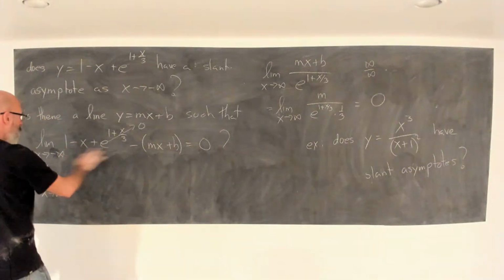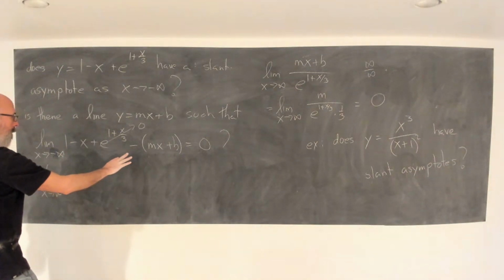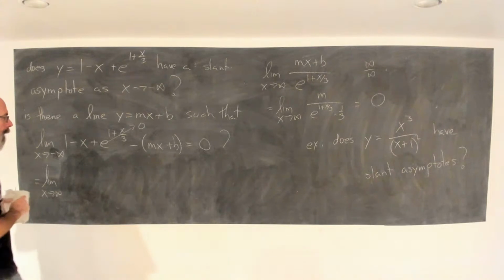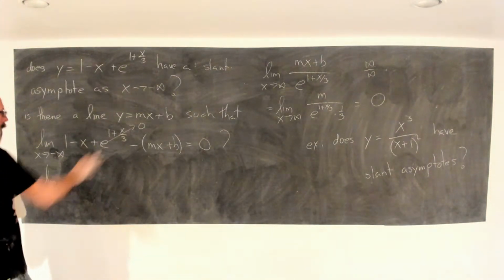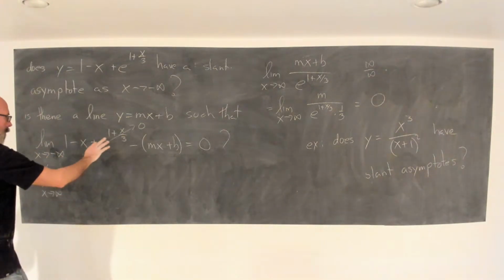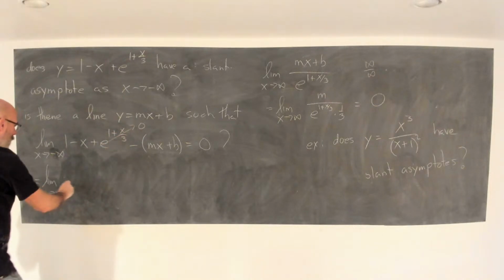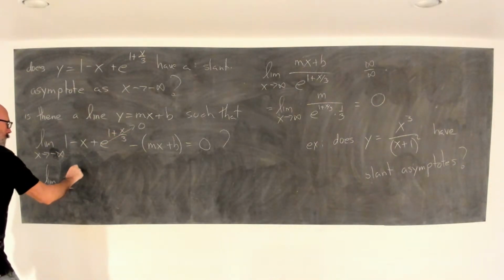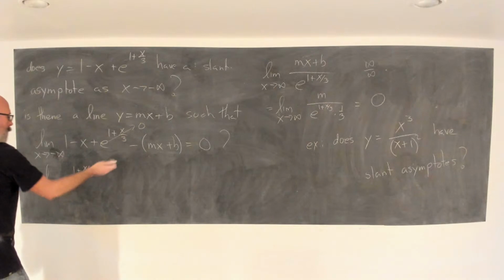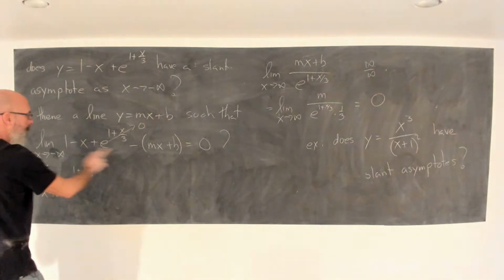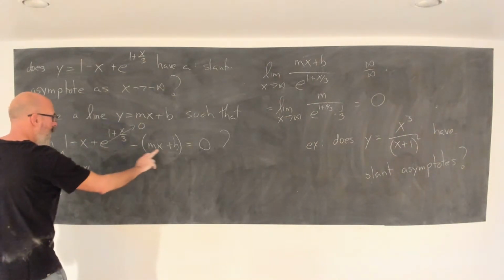So what are we left with? This limit is what? It does go to 0, but you never want to take a limit of part of it. So let me put it up front. Let me combine the x's here.